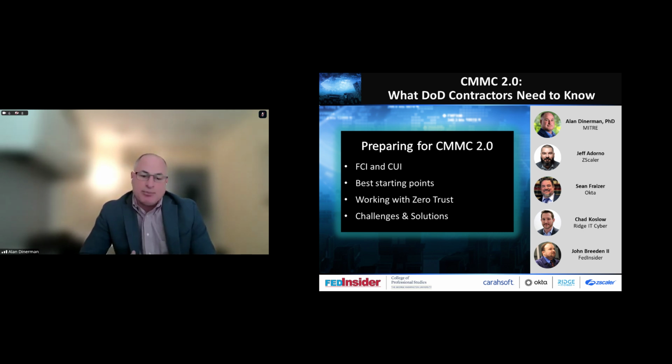So employing and integrating concepts like zero trust for identity and authentication, or cyber resilience for withstanding adverse actions, there's a number of solutions that support that, and they're all really good. Integrating these 171 requirements into these greater concepts and approaches can help you optimize how you achieve CMMC requirements. So I hope that helps.